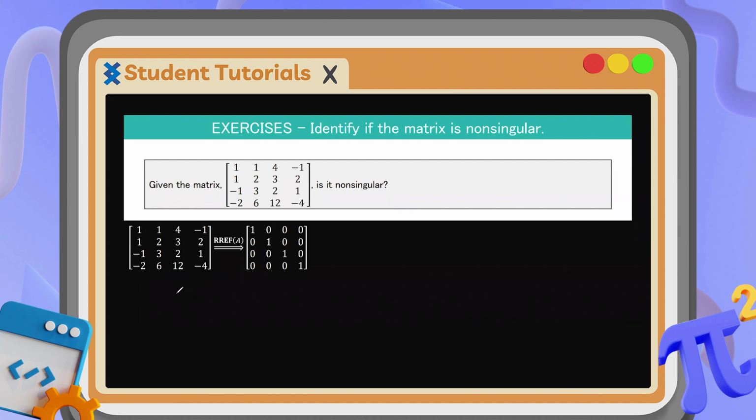This tells us that rank A is equal to n, based on what we see on the column space or row space. In addition to that, being non-singular means that rank A is equal to n, so therefore, it is indeed non-singular.